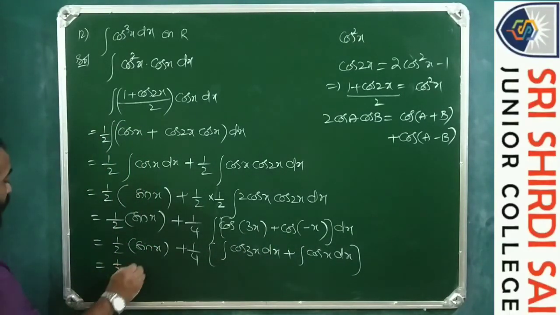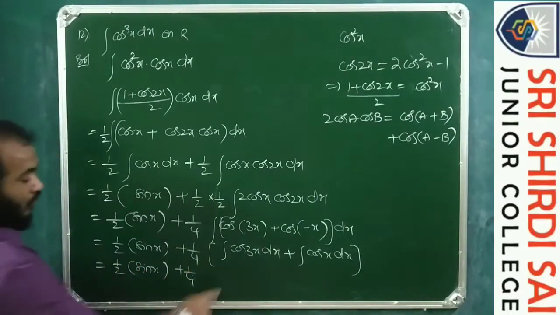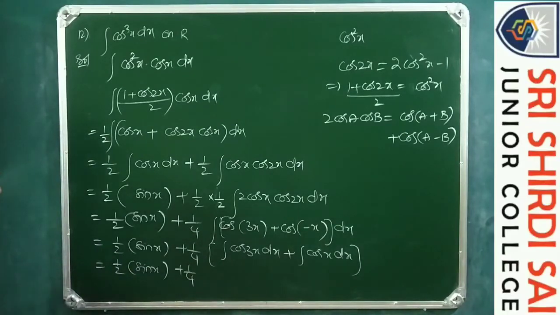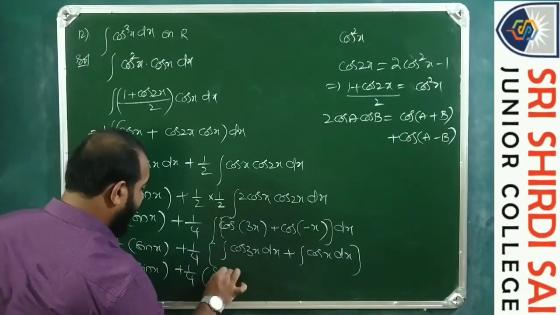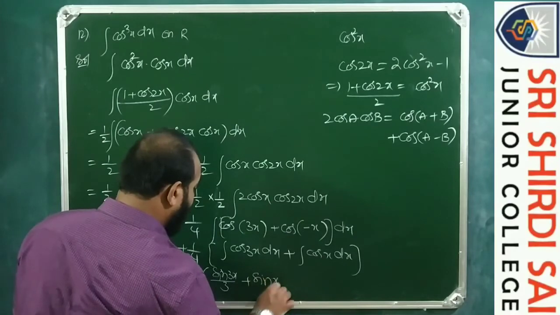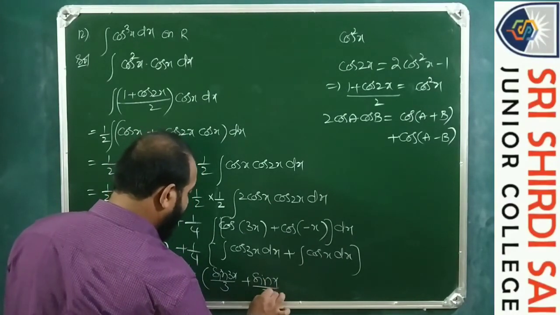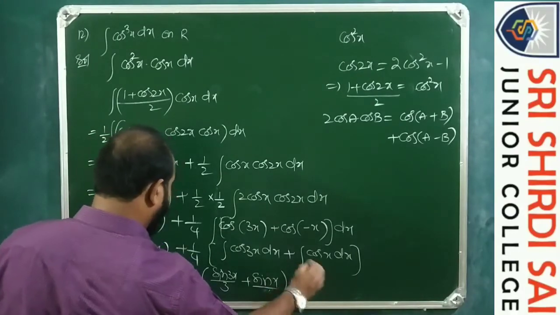What is integral cos 3x? Integral cos 3x is sin 3x by its coefficient 3, plus integral cos x is sin x by its coefficient 1, plus constant of integration c.